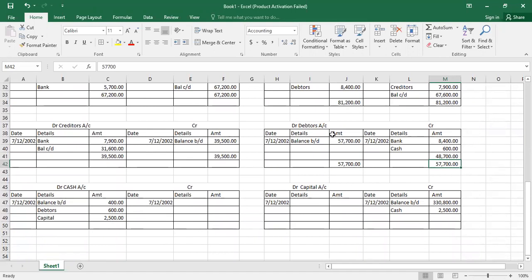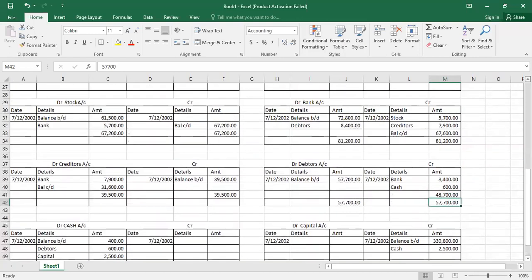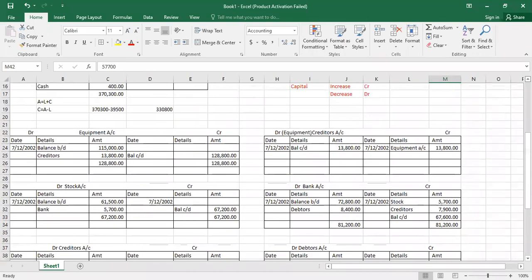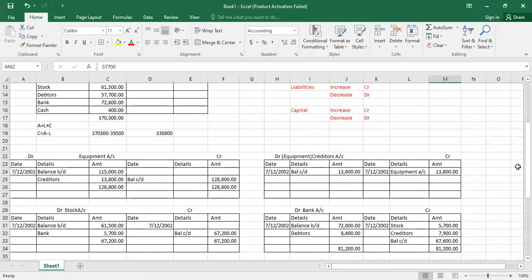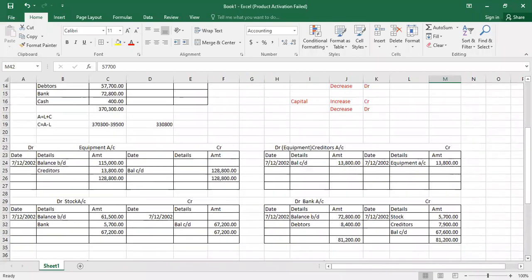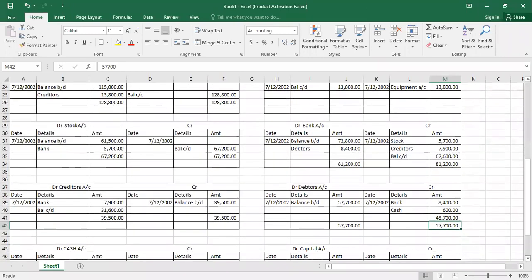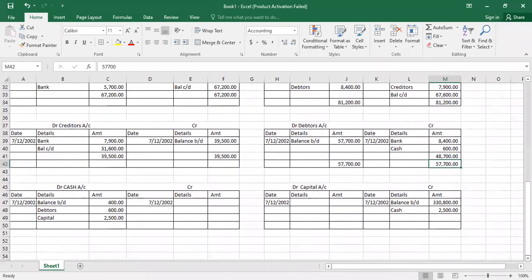Capital, a cash account. We didn't have a balance. We had cash. Oh, it's 400. We had already picked that. My books here are balancing at 3,500. So this is my balance carried downward.